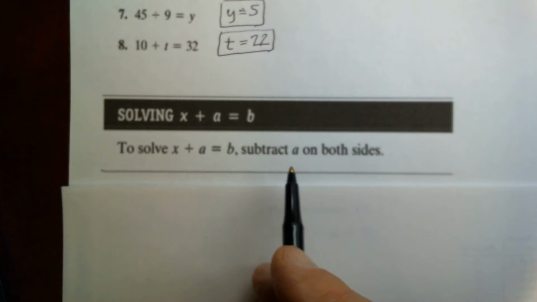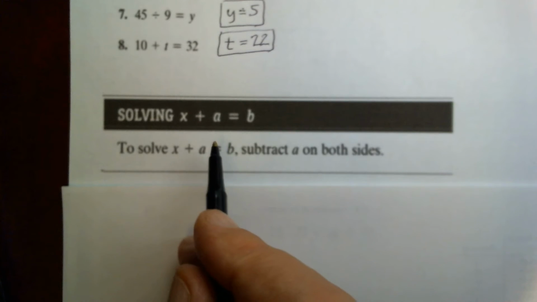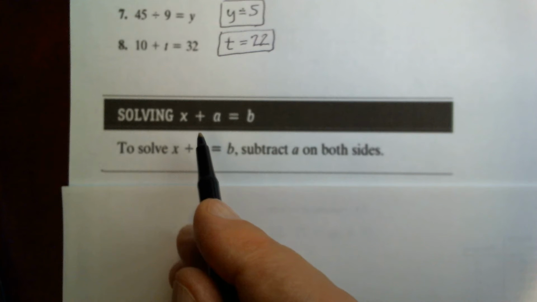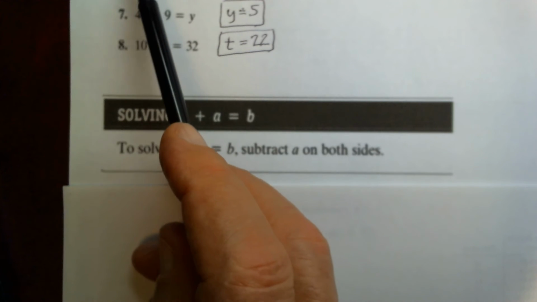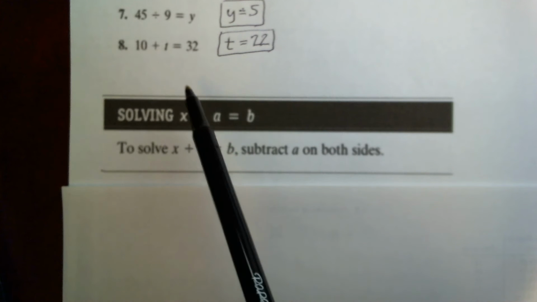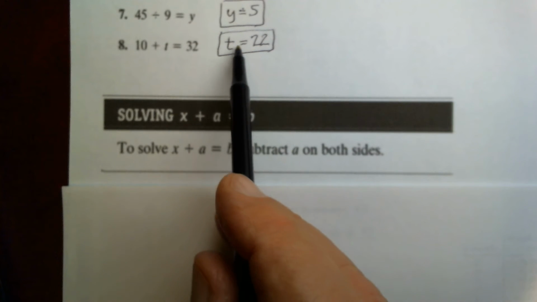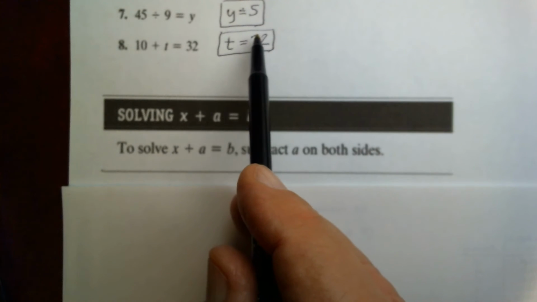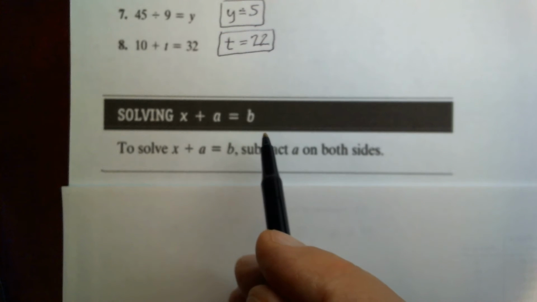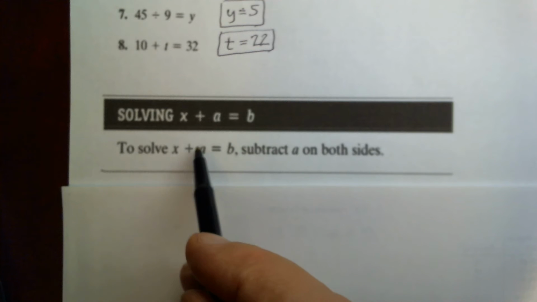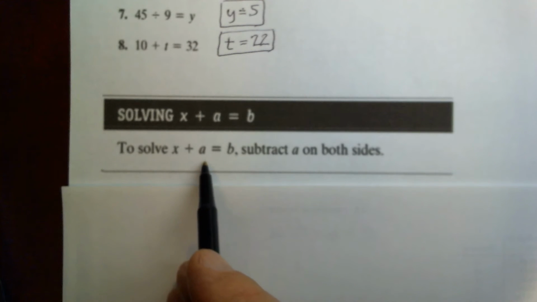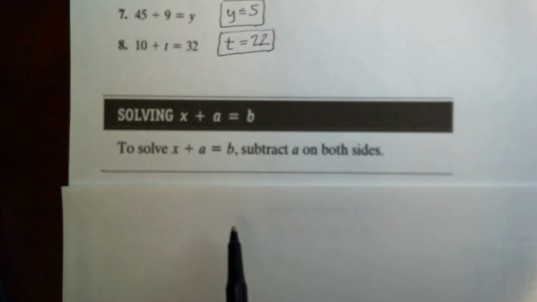As a principle, when we solve any equation, we want to isolate the variable, like in this case x, or in the previous examples, n or t. Whatever the variable is, we want to isolate it. So on the left side we have the variable, and on the right side we have whatever the replacement value is. That is the objective when we solve an equation: isolating the variable. So in this case, when we subtract a on both sides, we isolate x.